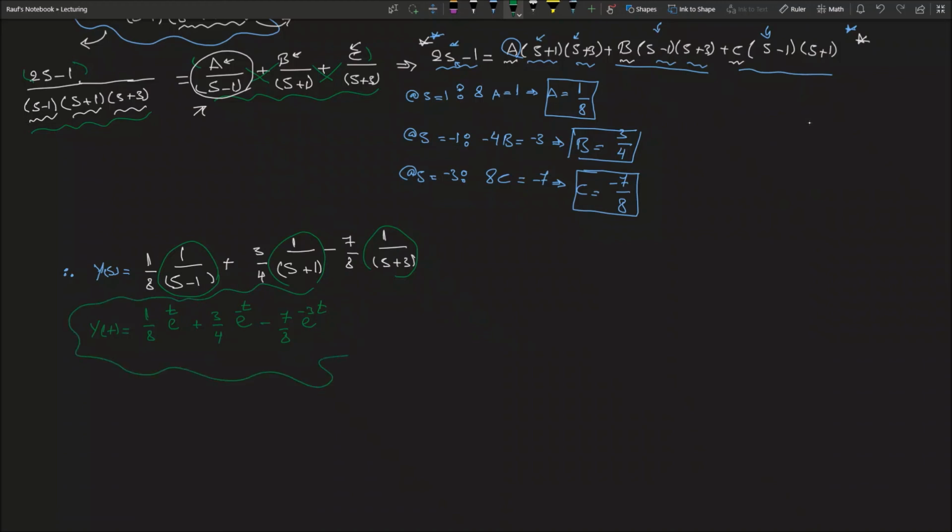So this is how you solve an advanced Laplace transform initial value problem using the partial fraction expansion if you have case number one, which is distinct roots.